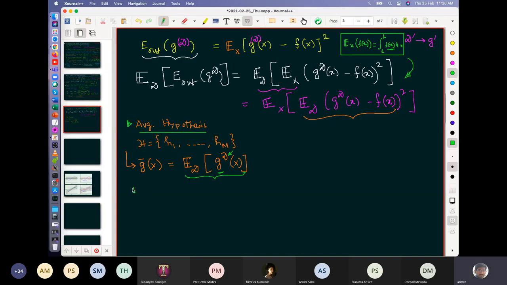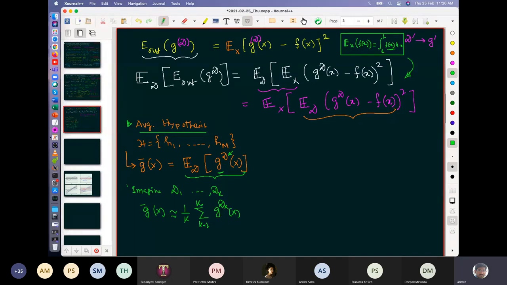So in other words, let us imagine you have distributions D1 up to DK. Then obviously your G bar of x, supposing you have these K discrete distributions, is an average over k equal to 1 to K. Any Dk you take and make a hypothesis.